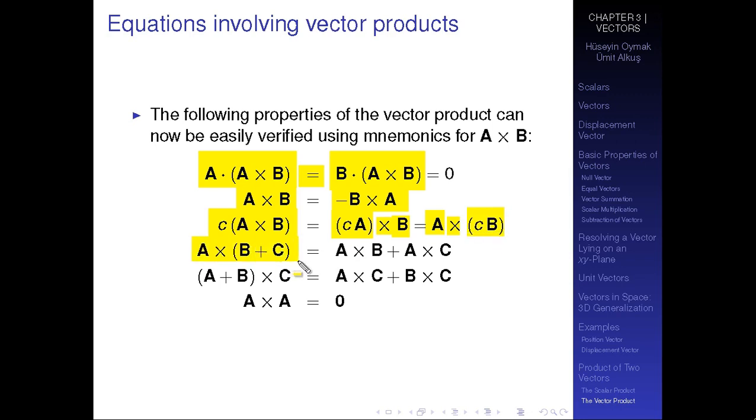And A × (B + C) equals A × B plus A × C. It is the distributive property of the vector product, equivalently saying (A + B) × C equals A × C plus B × C, and also A × A equals the zero vector, which means that the vector product of two parallel vectors is nothing but the null vector. So, this is the end of chapter 3, that is vectors. See you in the next chapter.